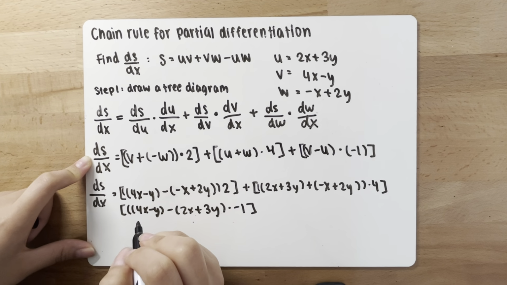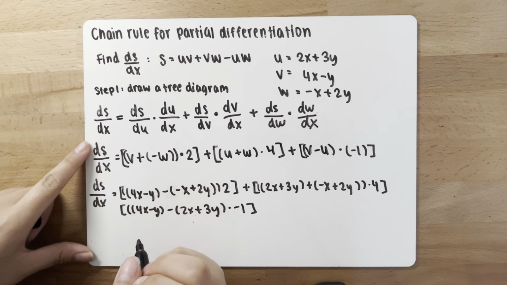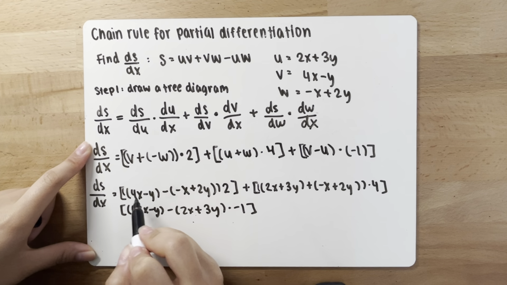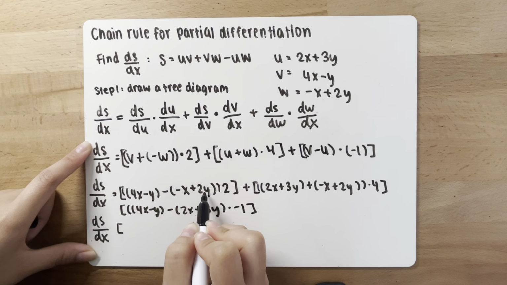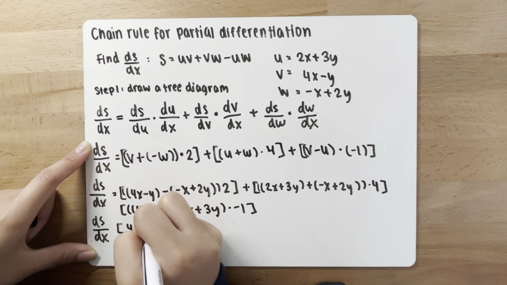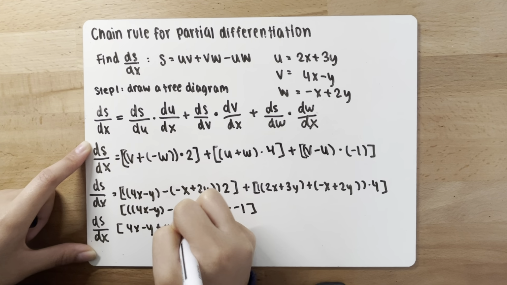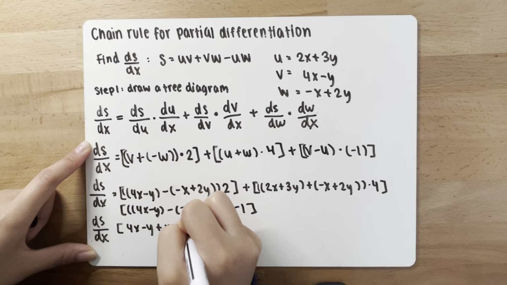Now, what you want to do is evaluate the insides first before you multiply by the outsides. So you have ds over dx. For 4x minus y, distribute the negative, you will have 4x minus y plus x minus 2y times 2.